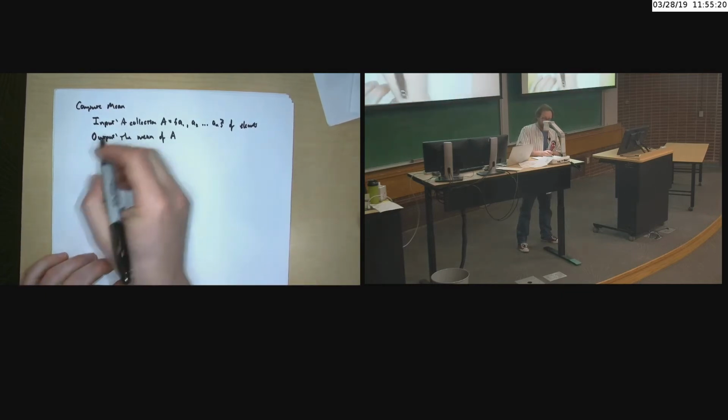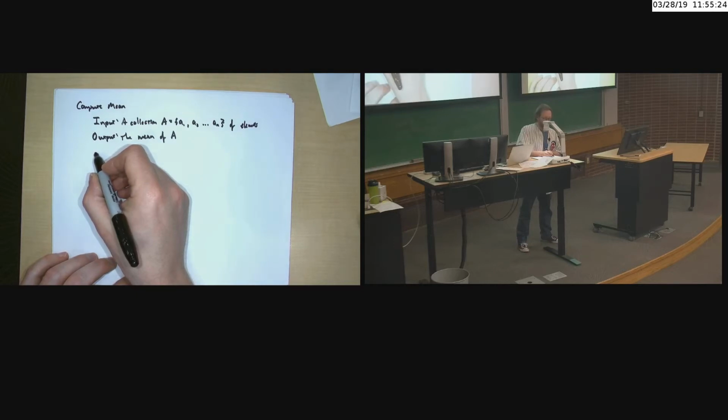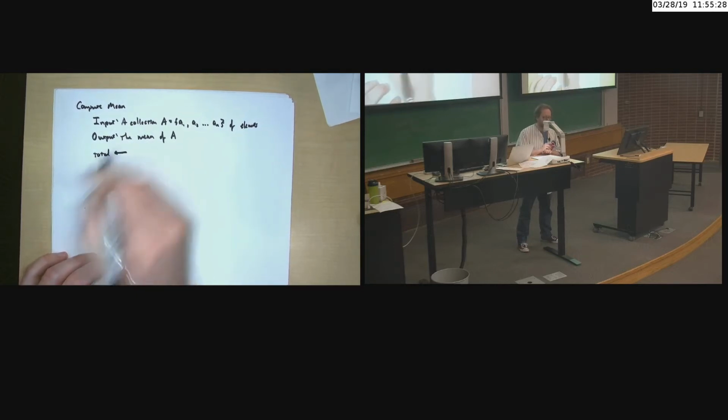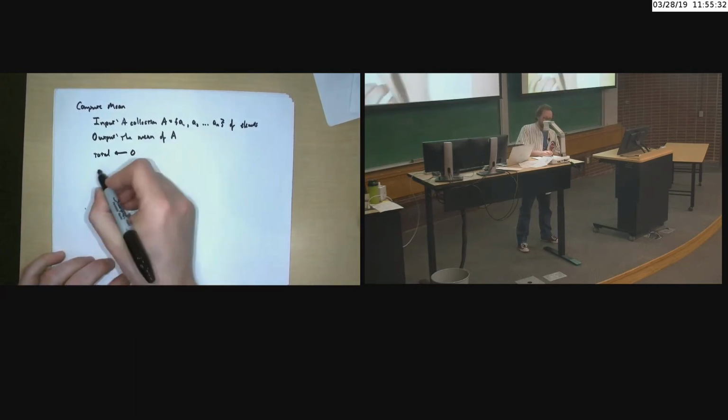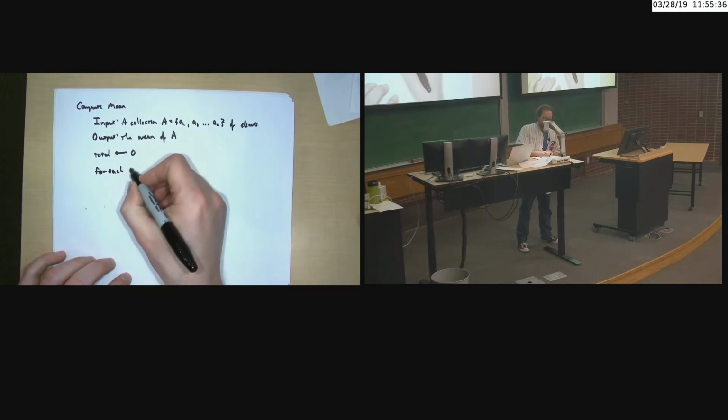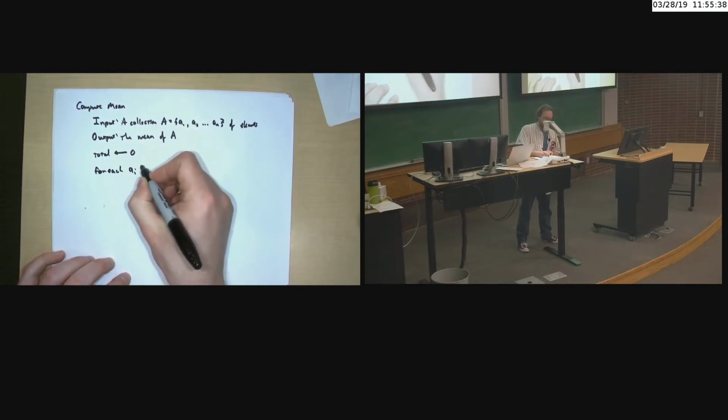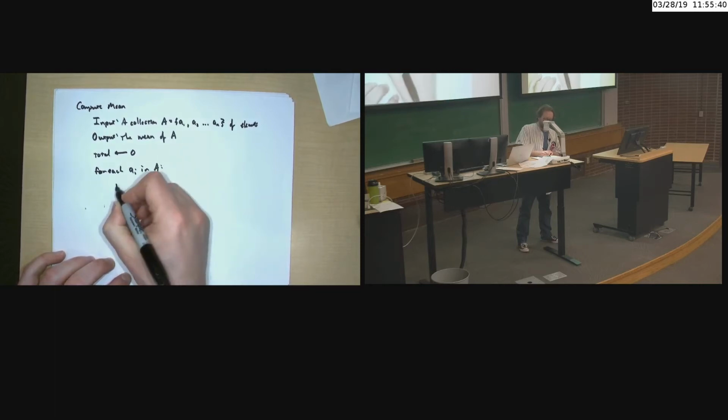The average, right? All right, add up all the elements, right? So I need a variable to contain the total, right? So total. What should I initialize it to? 0, all right. For each a sub i in A, total.